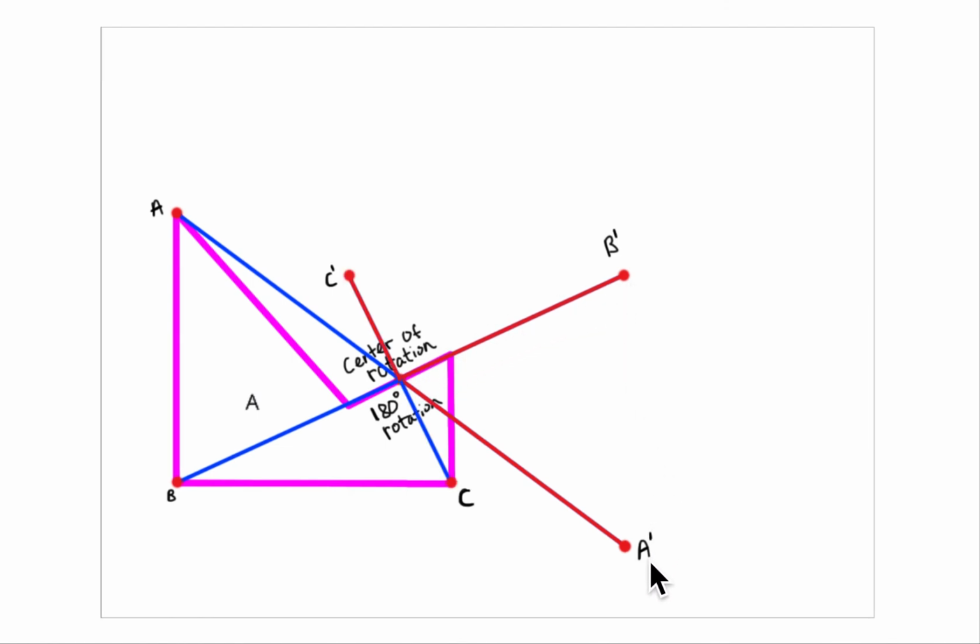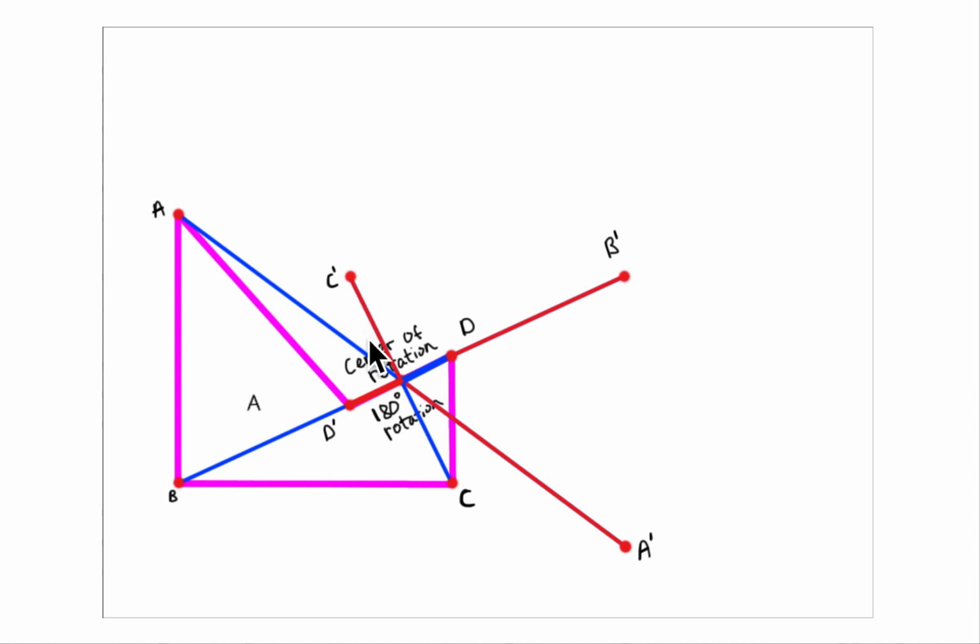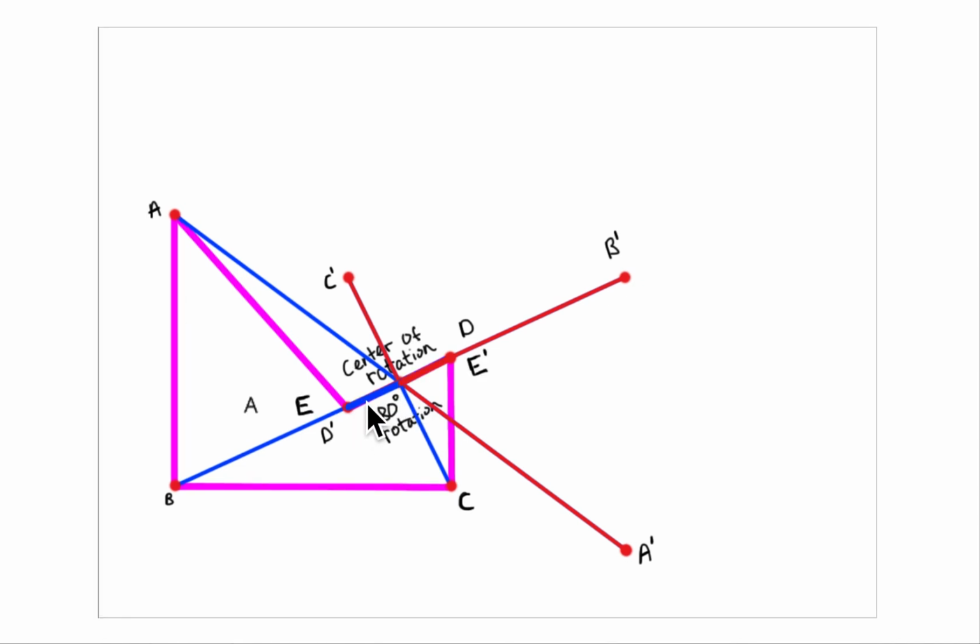And I'm going to label these each time to make it a lot easier to figure out how to connect the points and in what order to connect the points. So I draw a line through the center of rotation from this vertex, an equal distance on the other side. Through this vertex, an equal distance on the other side. And then it goes just the opposite way, through this vertex and an equal distance on the other side.